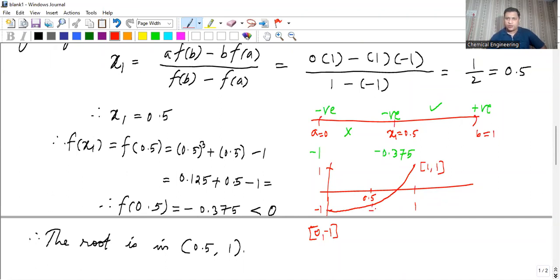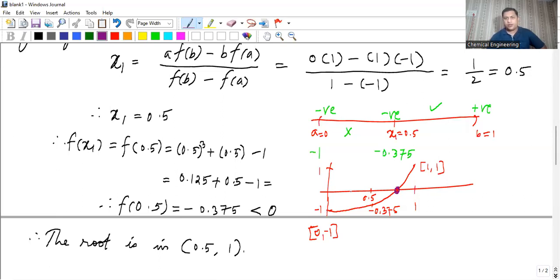It is minus 0.375. Is that okay? Yes, sir. Now this is negative, this is negative. But can you see, this is the actual root we want to find. Here we have to reach actually. So our point of interest is this point.